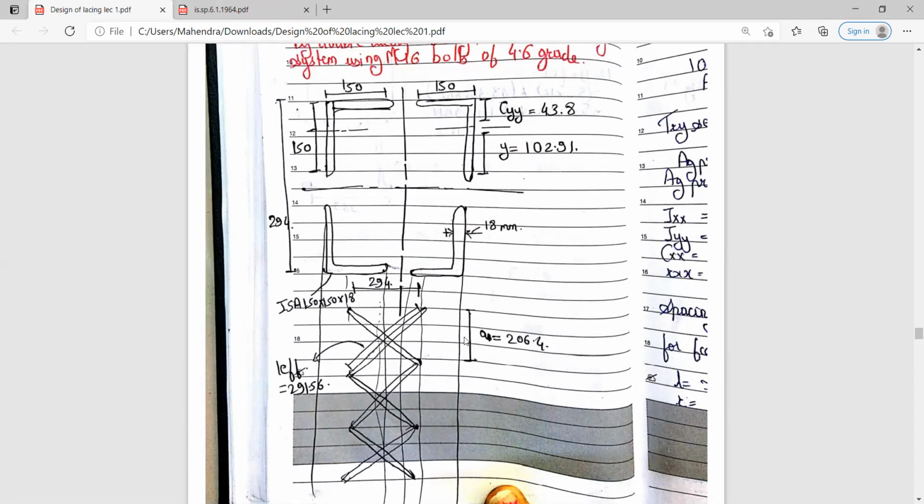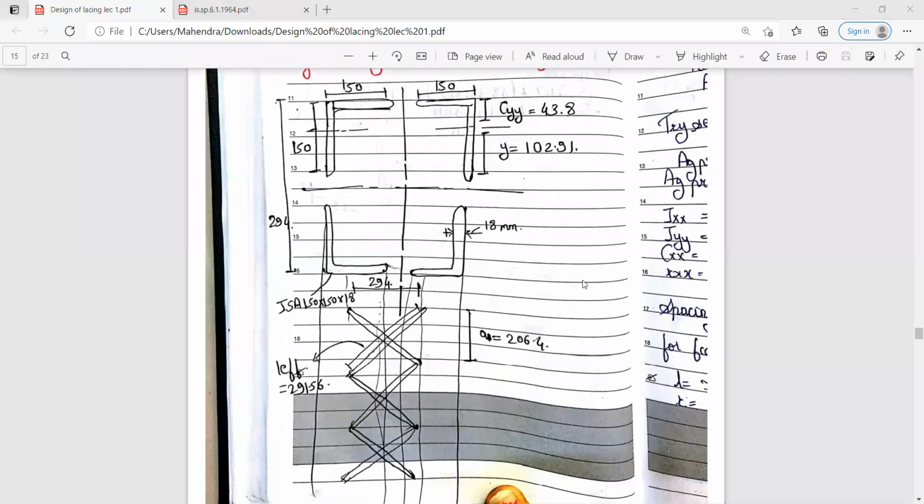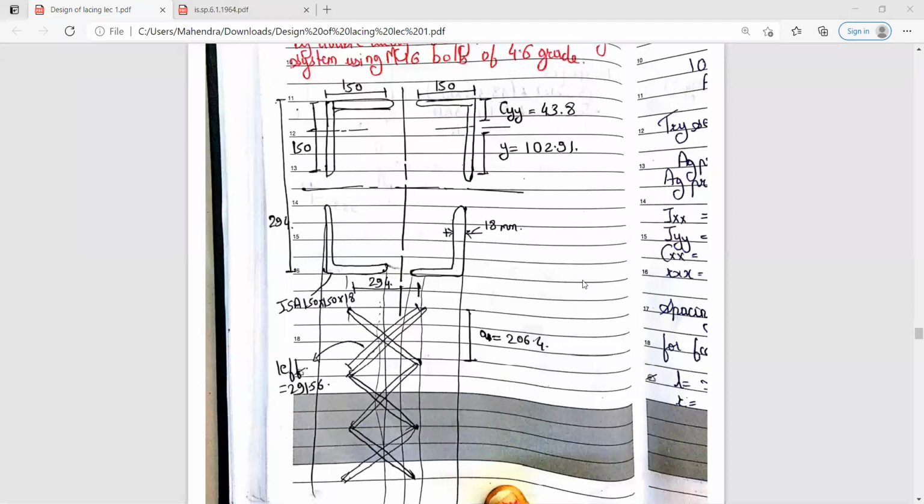The distance between these lacing, that is the vertical distance, is 206.4. CYY is 43.8 and Y is 102.91. So just draw the diagram. And after completing the diagram, let me know so that we can proceed further.